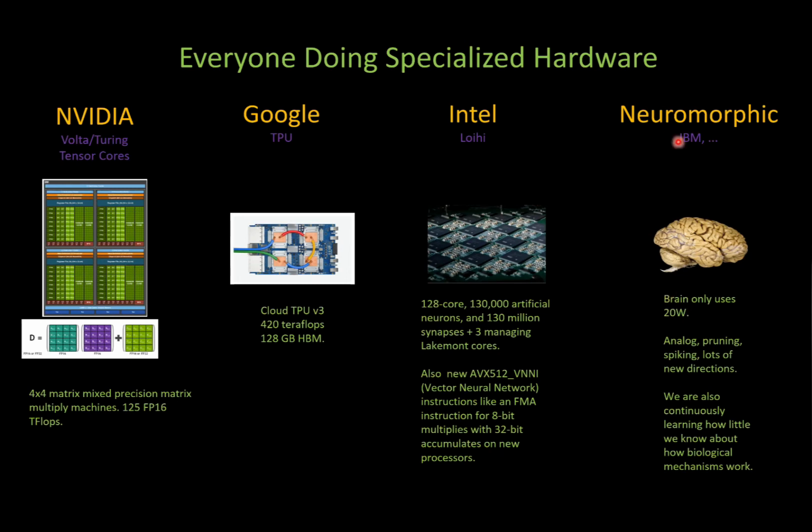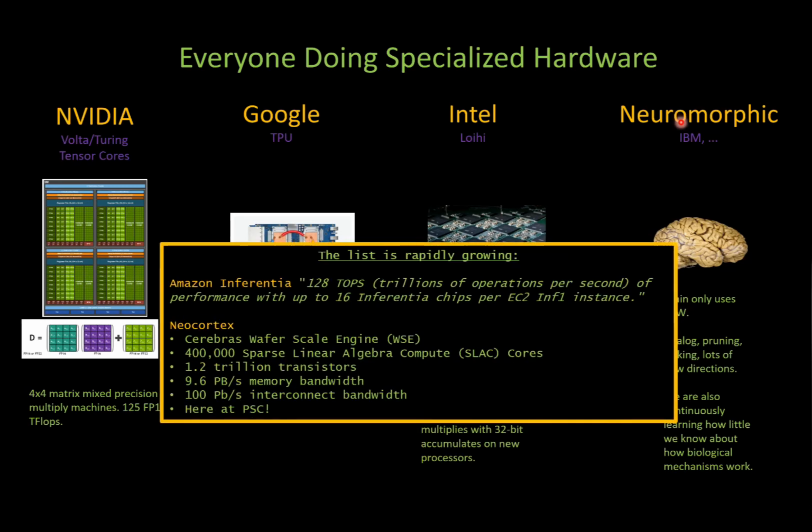But by the way, this idea of really going with the human brain and modeling things directly like it is, is called neuromorphic computing, where we start to make our electronics look directly like the human brain. IBM pioneered a lot of that for a while, but at the moment, we have other companies, in particular Cerebras, which is doing their wafer scale engine. Cerebras has a machine here at PSC, Neocortex, one of the first out there, which is so specifically oriented towards doing this kind of stuff that it has 1.2 trillion transistors.